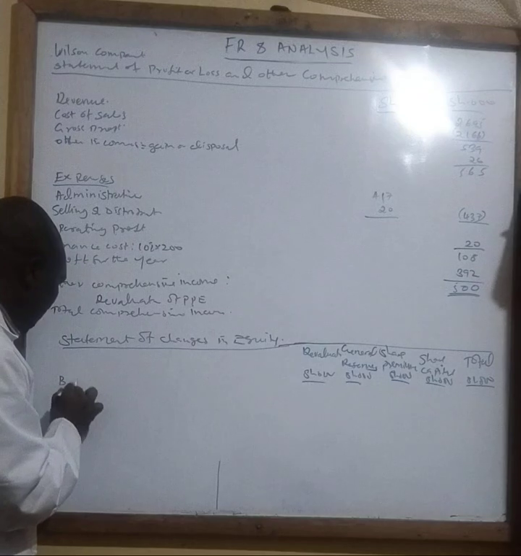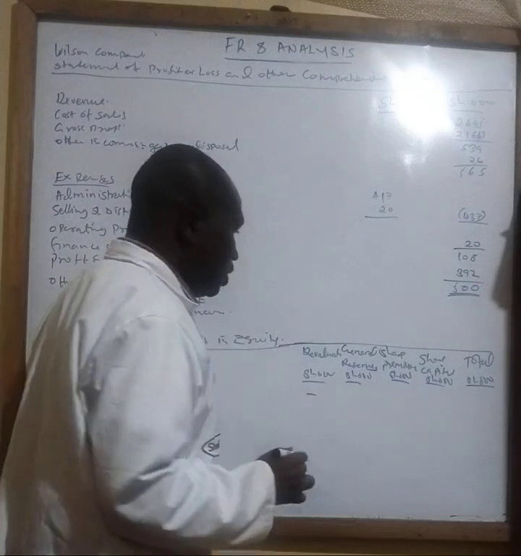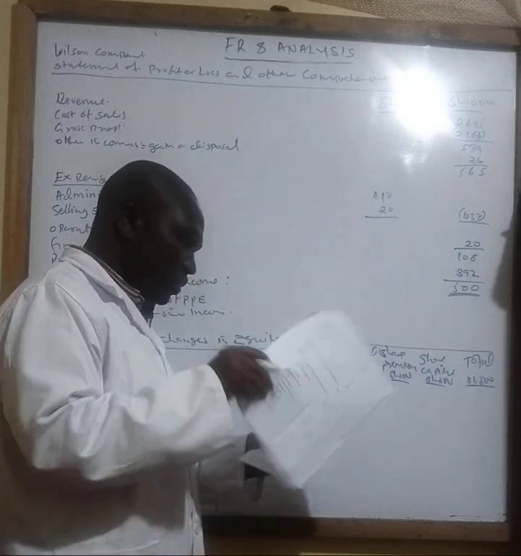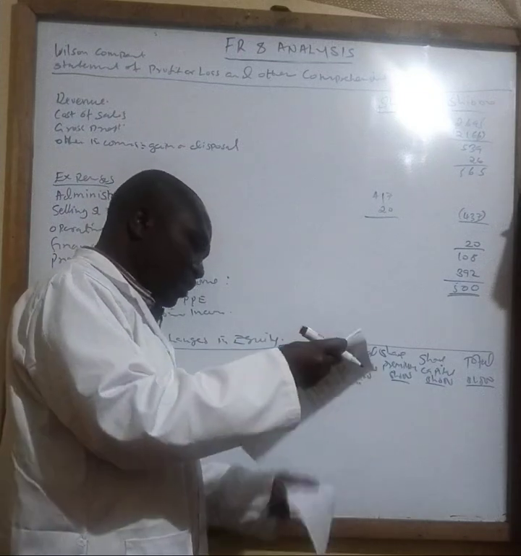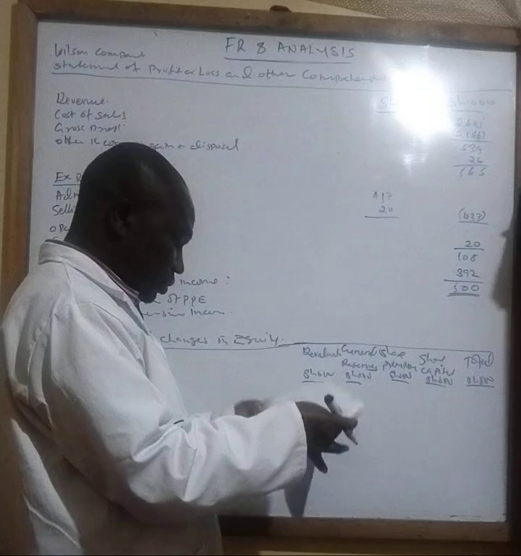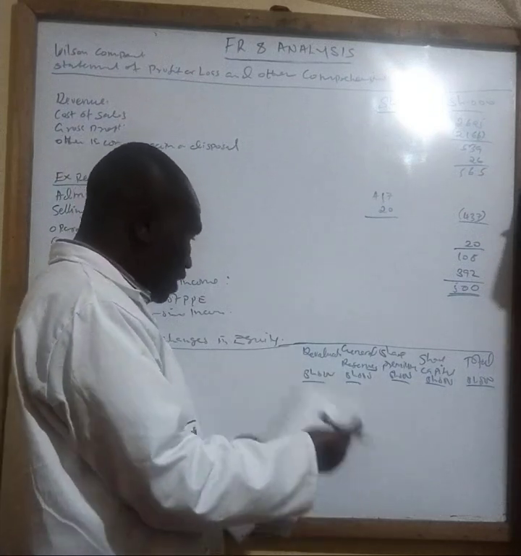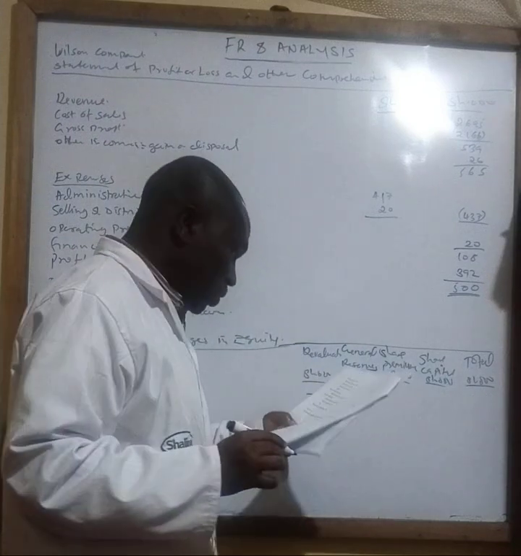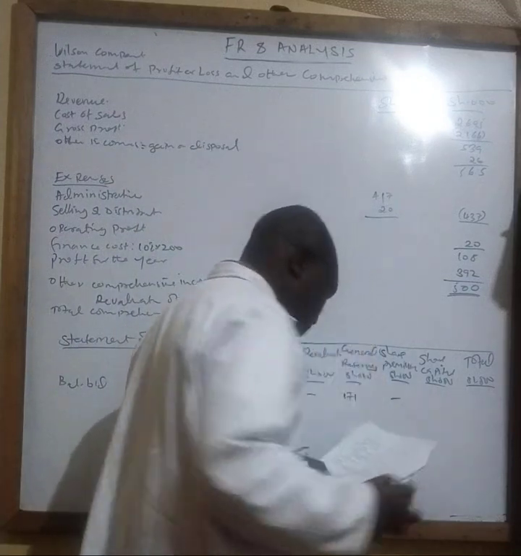Was there a balance brought down? For the revaluation, none. For general reserve, yes. There was a general reserve of how much? 171. You get 171.